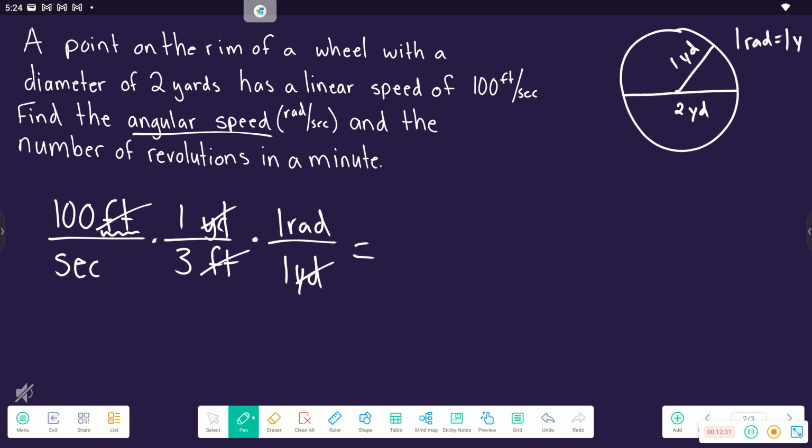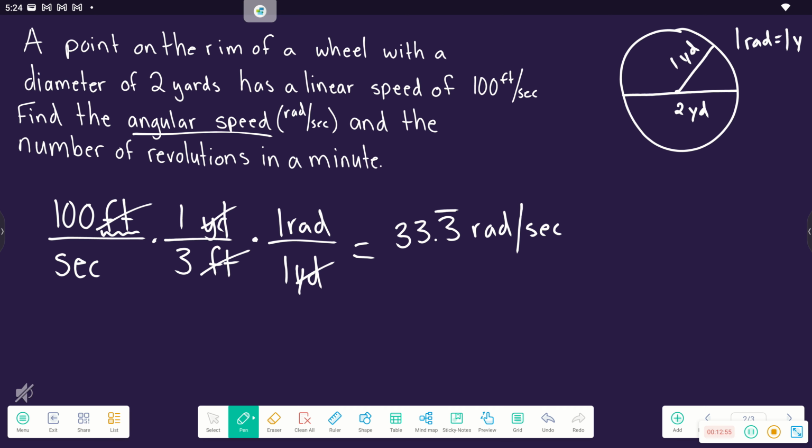So I end up with an angular velocity of 33.3, repeating forever, radians per second. Okay, but that is not the only thing that was asked of us.